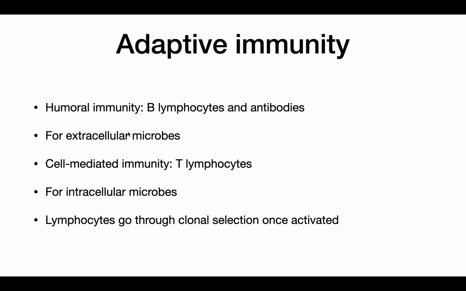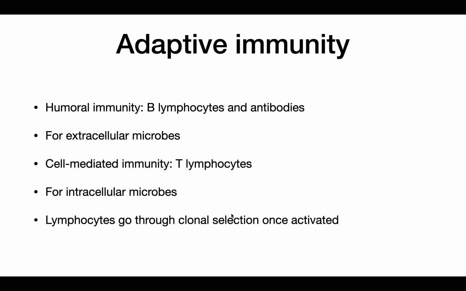So if you have an extracellular microbe that has infected a cell, the cell's going to release DAMPs. DAMPs are going to be picked up by other cells, and they're going to be transported into lymph nodes, and that's going to activate the clonal selection.